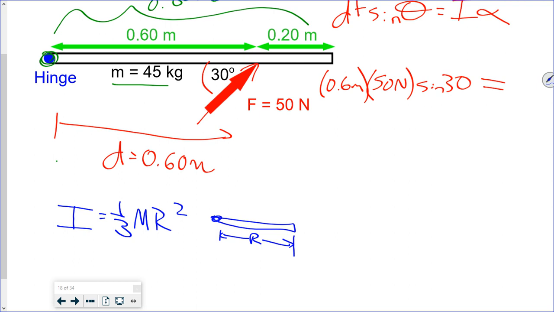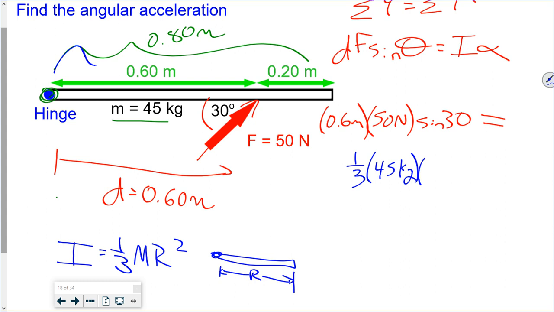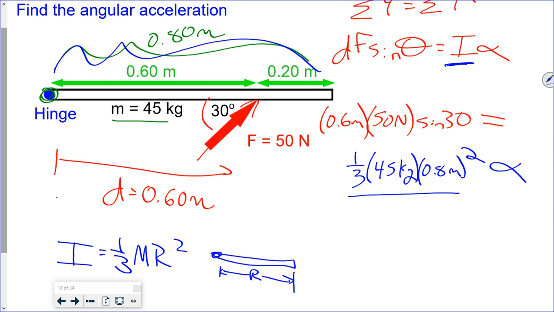So for us, that's 1/3. Our mass is 45 kilograms. Now be careful here. R is now the total length of the door. It doesn't depend on where the force is. It's the full 0.8 meters, squared. So there's our I, right?